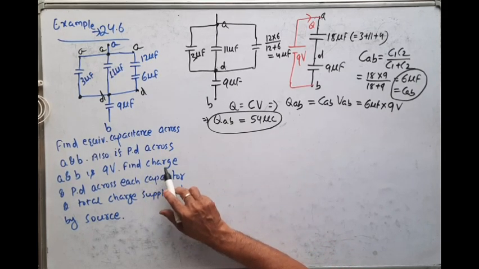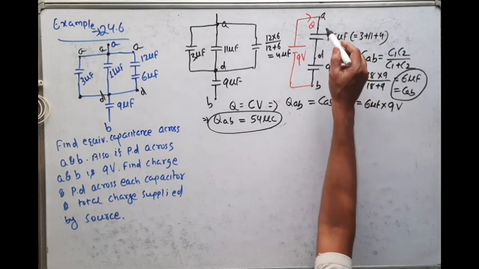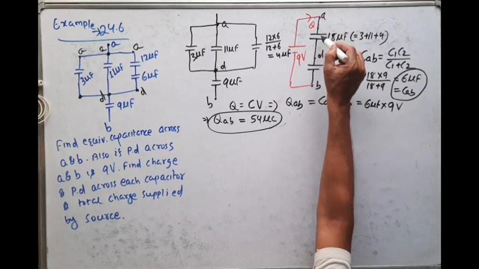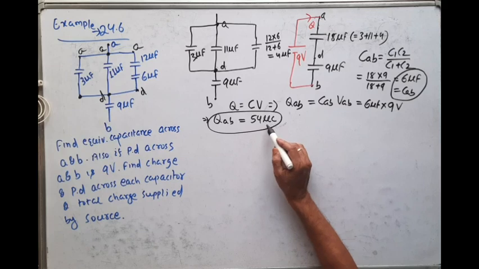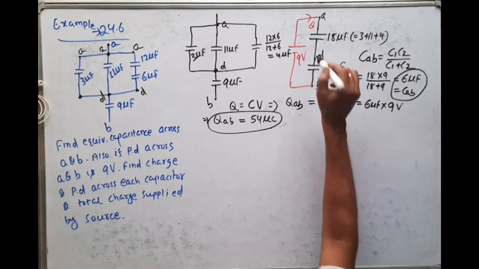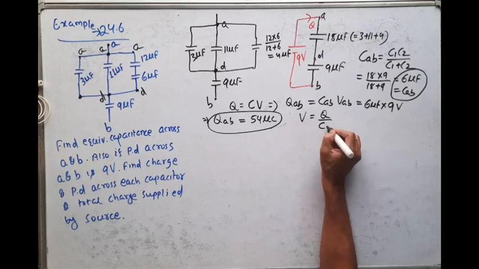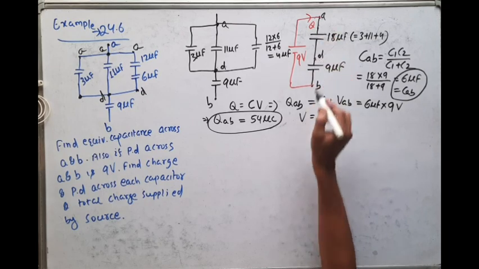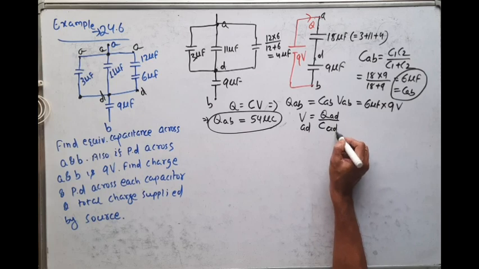But we have to find the charge and potential difference across each capacitor. Now see, what is the charge across this 18 microfarad? It is 54 microcoulomb. Then we have to find what is the voltage across A and D. So you know V is equal to Q by C. So voltage across A and D, VAD, is equal to charge across A and D and capacitance between A and D terminal.